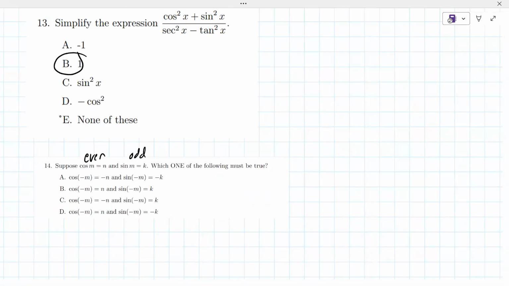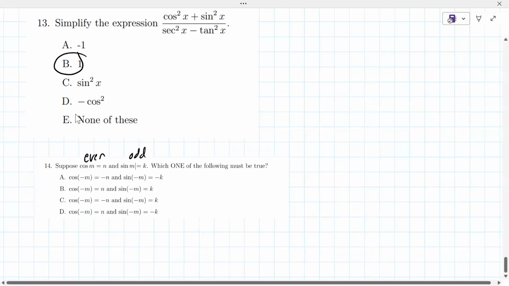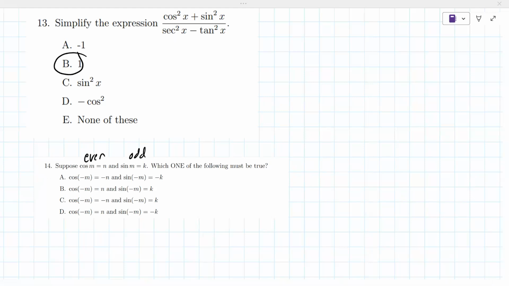Sorry, the format of the question, I was like, what am I looking at? Yeah, it can be very confusing. And then it kind of looks like you're out of trig. That's the only trig that they have here. And then just suffer through the rest.